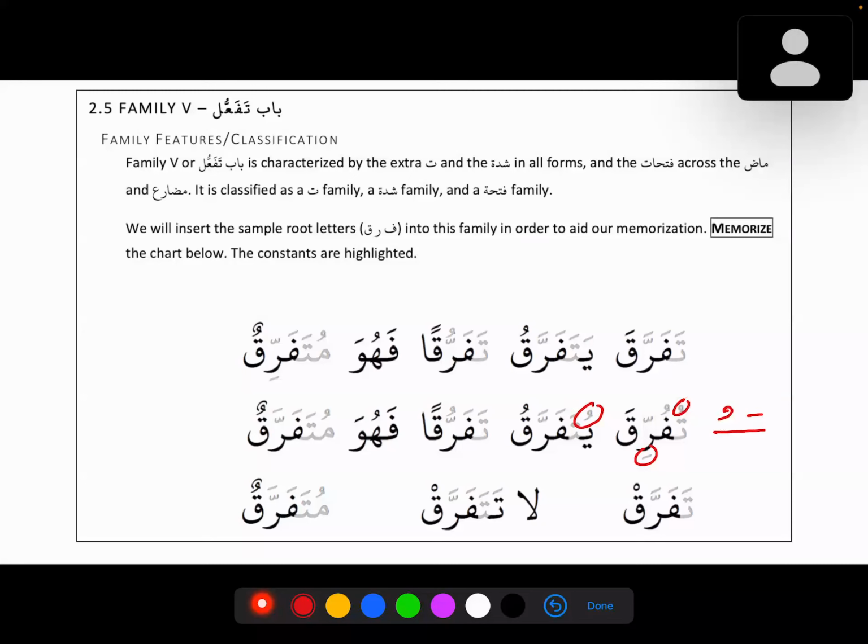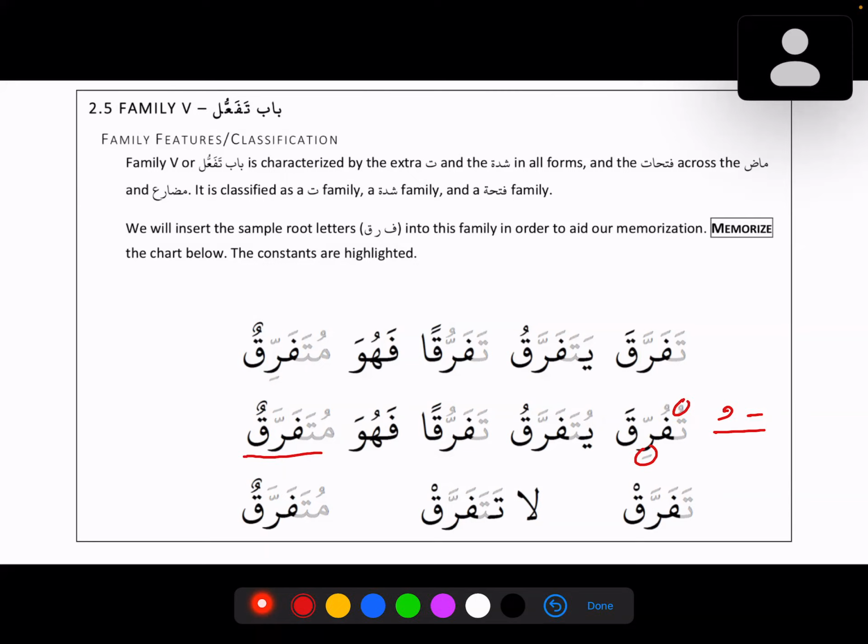So the majhul version is going to have the U and A sound prominent. So yutafarraqu. Then tafarruqan fahuwa mutafarraqun. So this is our ism maf'ul, mutafarraqun, right?